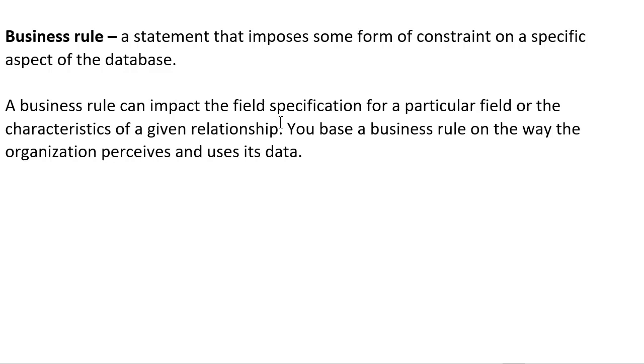One way to implement that is to make sure that the referential integrity between one table requires that the primary key exists in another table. So student to courses. So from the courses table, that primary key back to the student table would need to exist. That would be this type of business rule.